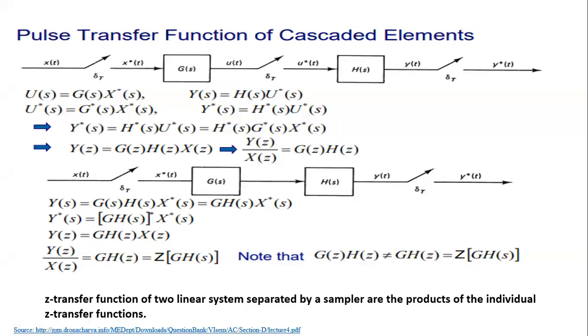Or when it came to h, we did call it a feedback, but that is also a transfer function, but then we had always put it up in the feedback loop. So nevertheless, both of them are transfer functions. So the total transfer function of this system is nothing but the product of the individual transfer functions. This holds true only and only when you have a sampler in between.